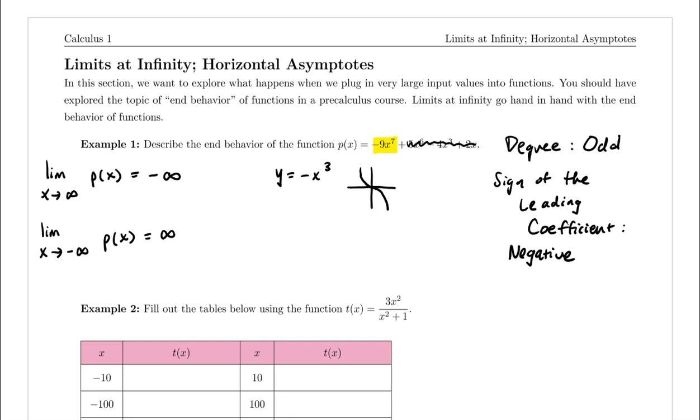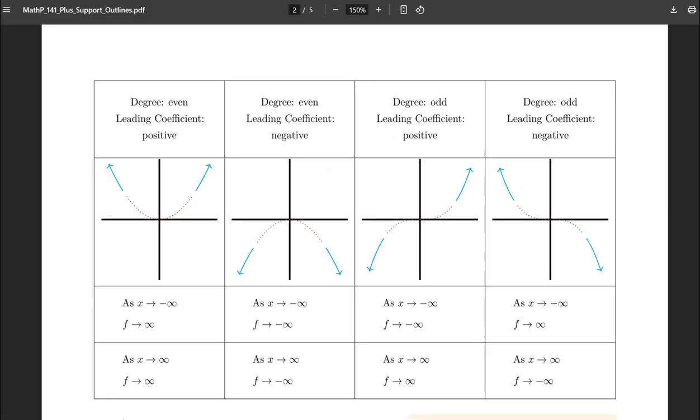Previously we had a little bit of a different notation for end behavior, but now that we have the idea of limits, because we're in calculus, we can describe the end behavior in this fashion. Here I just wanted to quickly review and highlight the 4 cases when you're talking about the end behavior of a polynomial. This is review from pre-calculus.